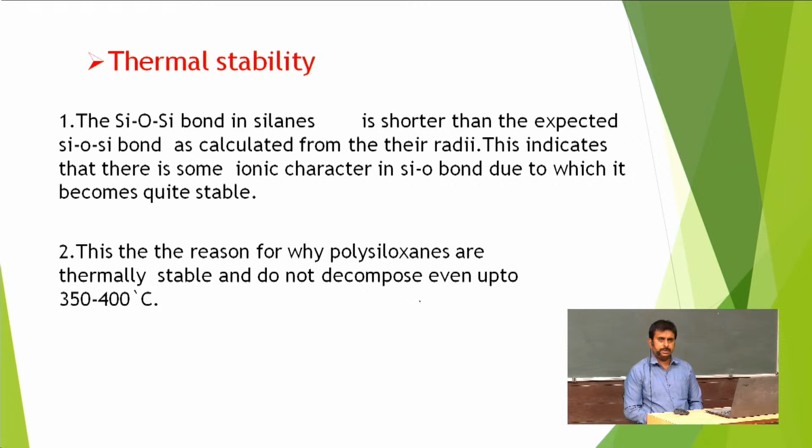It could have been longer, but it is shorter, and due to some ionic character, it is very stable. This is the reason why we use silicones in high temperature industries or high temperature equipment, as they can withstand temperatures up to 350 to 400 degrees Celsius. They do not decompose up to such a high temperature.